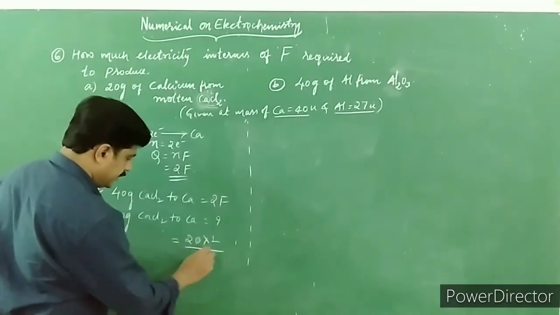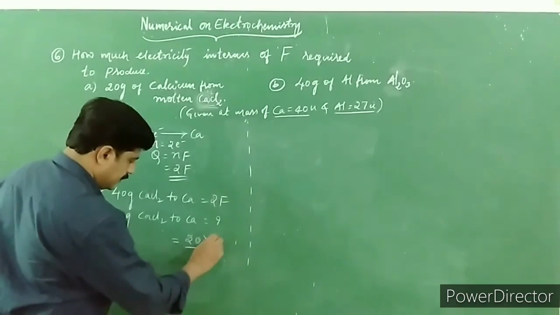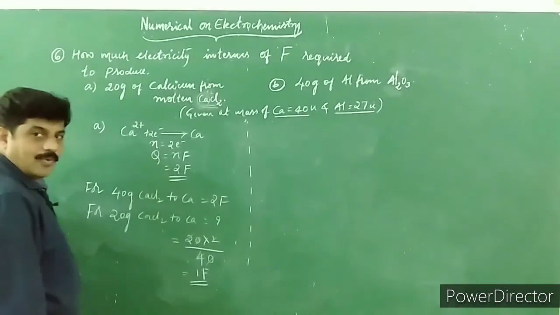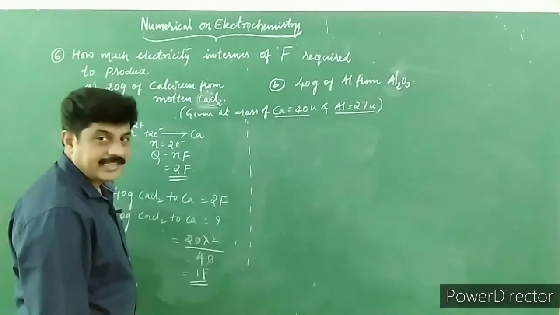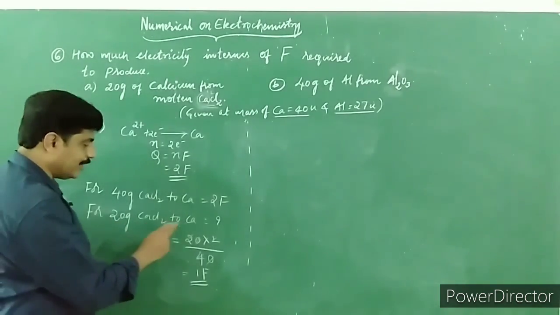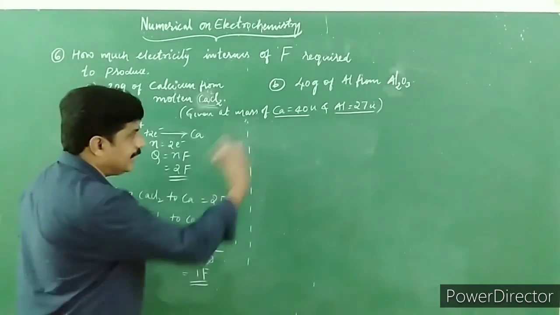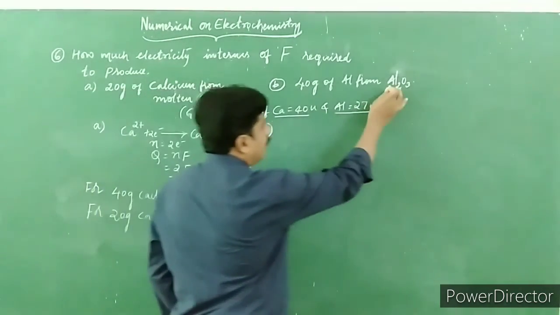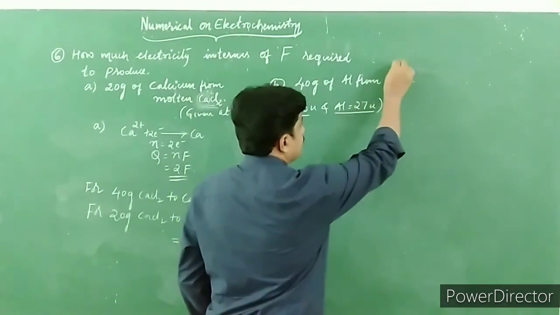Now you are going to get 1 Faraday. Children, 1 Faraday of electricity is required for the reduction of 20 grams of calcium chloride into calcium. Hope you got it. Let me go for the other side. Children, in the B part, aluminium's oxidation state is +3.